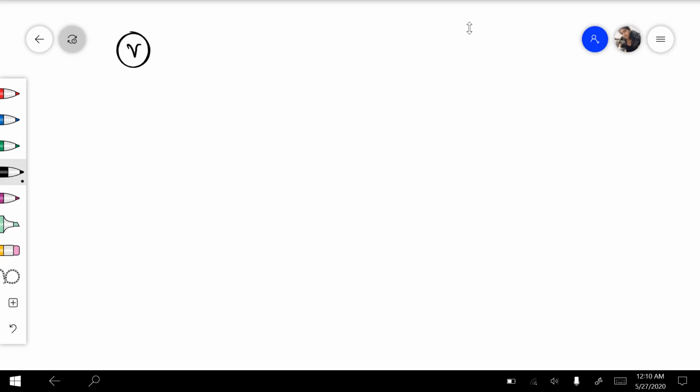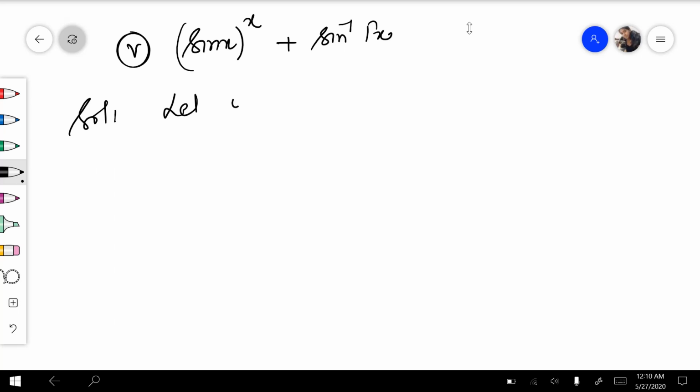This is fifth part where we have sine of x raised to power x plus sine inverse square root of x. So what you will do in this case, solution, let y is equal to sine of x whole power x plus sine inverse square root of x. It is first.